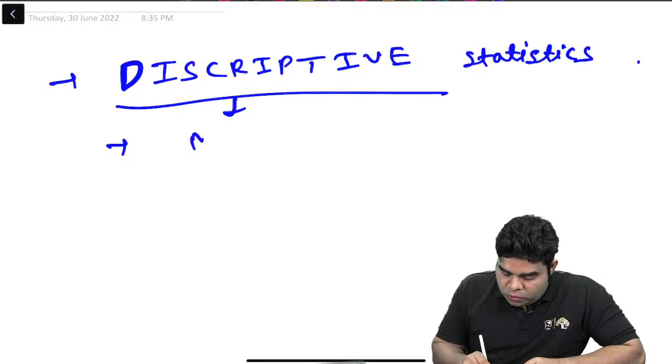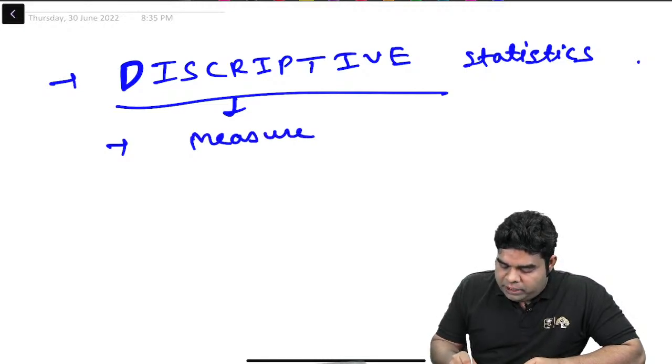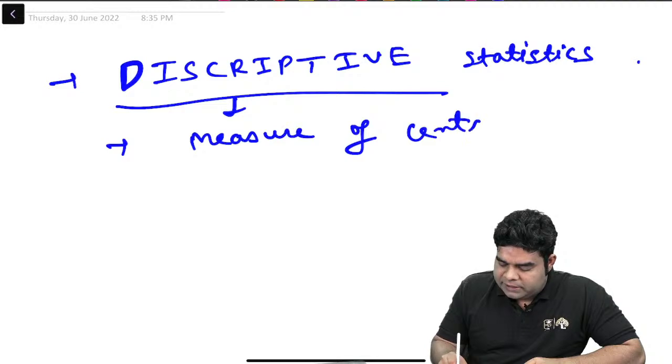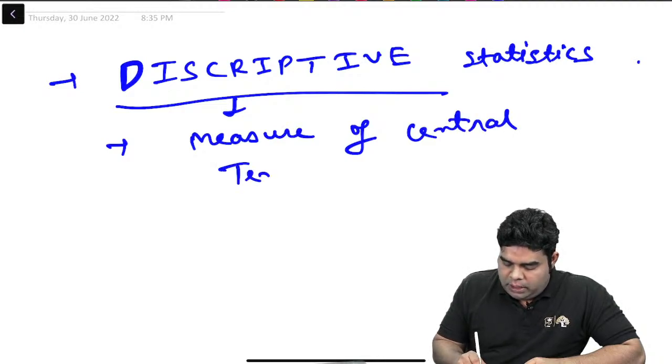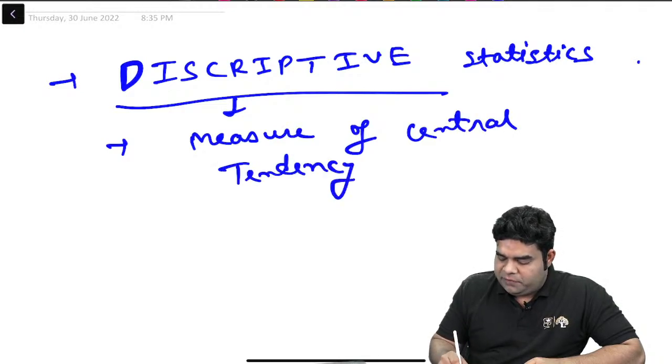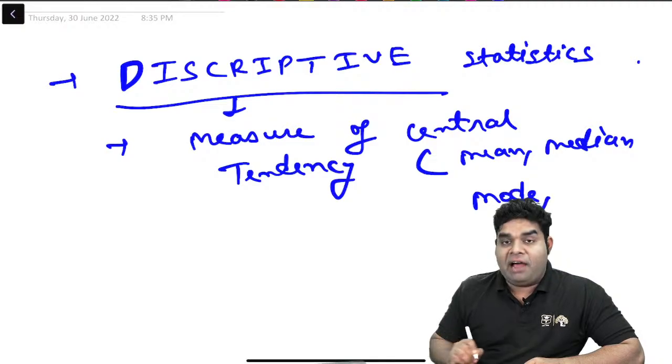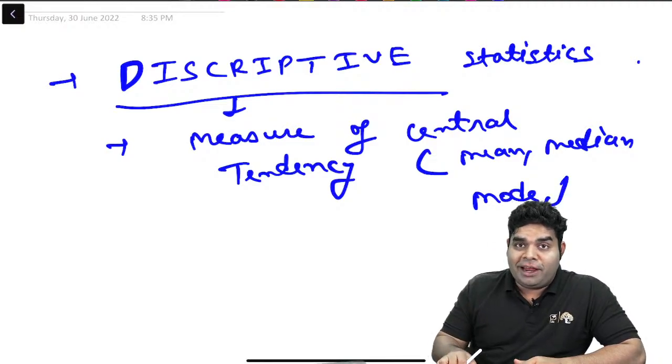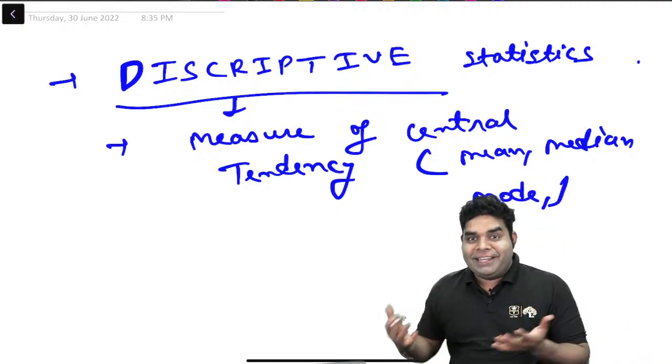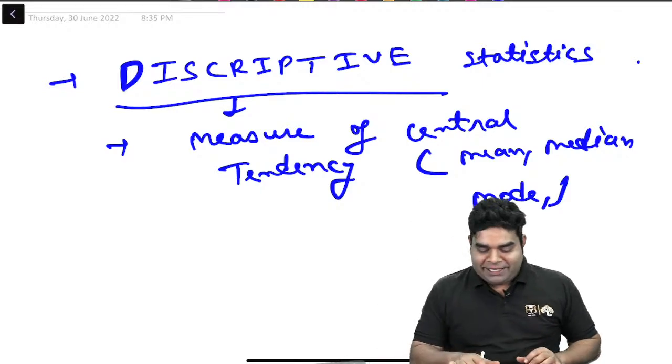Okay, so in descriptive study we can have measures of central tendency, and in measures of central tendency we have mean, median and mode. I hope you know all these three things. Mean means average, median means middle number, and mode is like model. That's how Park has described it.